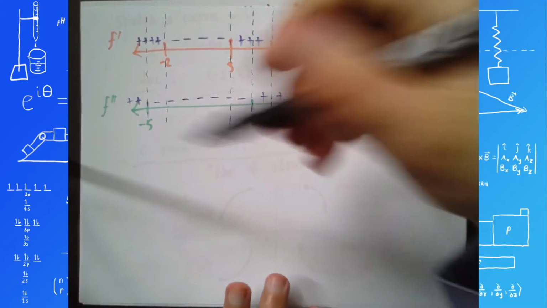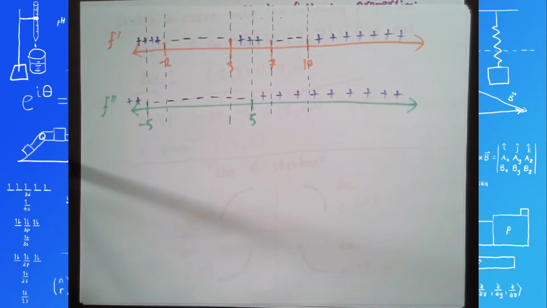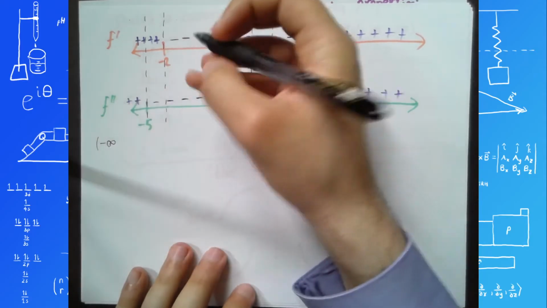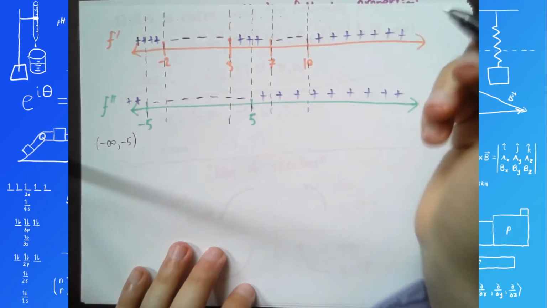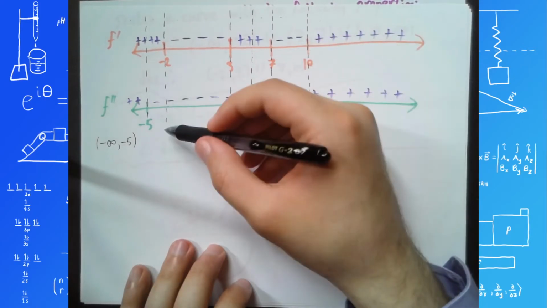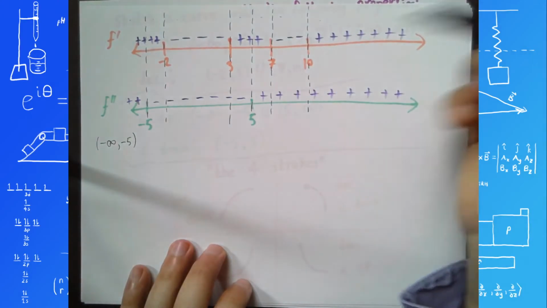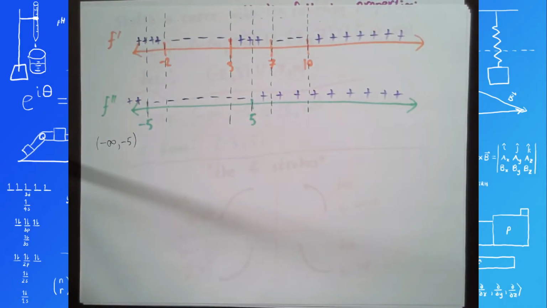And yeah, now we've got, let's see, 1, 2, 3, 4, 5, 6, 7 different sections that we need to look at. So, first section we have is from -infinity to -5. Then we've got from -5 to -2, -2 to 3, 3 to 5, 5 to 7, 7 to 10, and 10 to infinity. So I'm not going to list those all out, but that's what we're looking at.